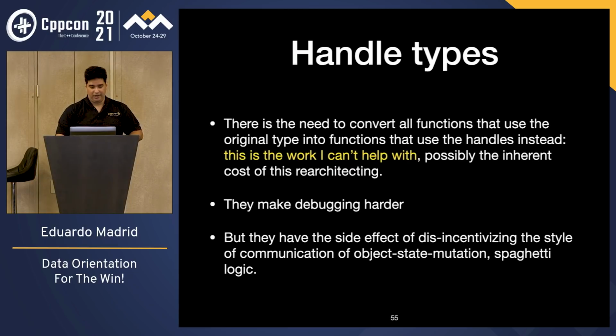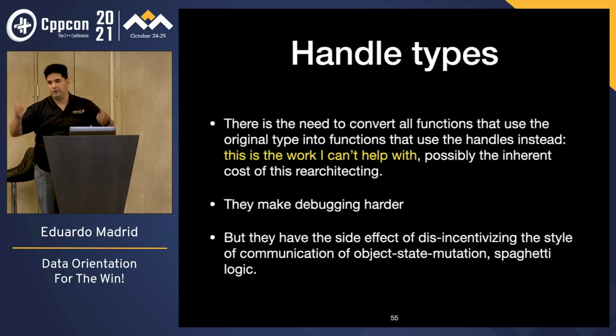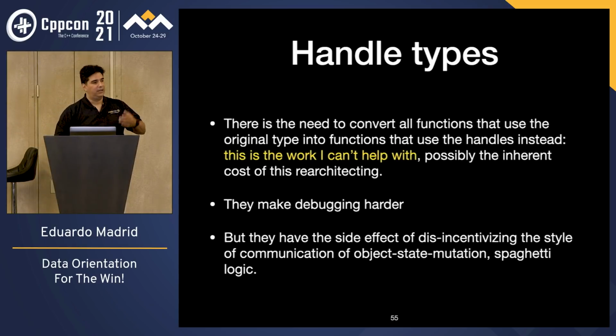They make debugging harder. You'll have to do some textual replacement, because when you invoke a function, you'll have to do the equivalent of invoking the handler instead. So you'll have to do that substitution somehow. I haven't found any way to help with that.